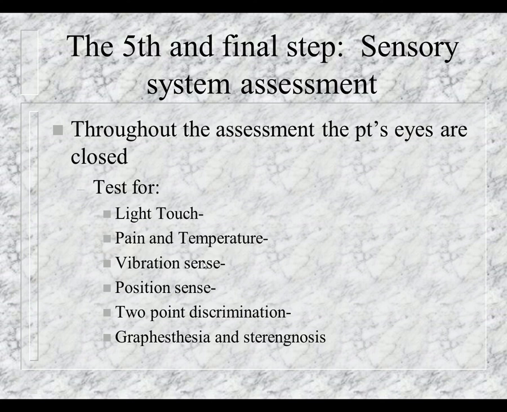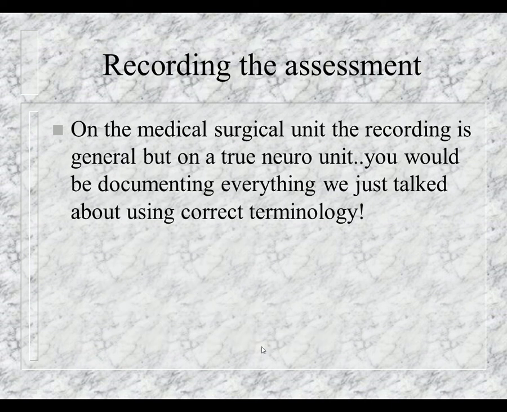Vibration sense: you took the tuning fork and put that against their great toe, and they told you when they felt it. Position sense is when you bend the toe up or down and ask them which direction you're bending it. Two-point discrimination is where you have 2 points and you bring them closer and they tell you when it is 1. And graphesthesia and stereognosis we've already talked about.